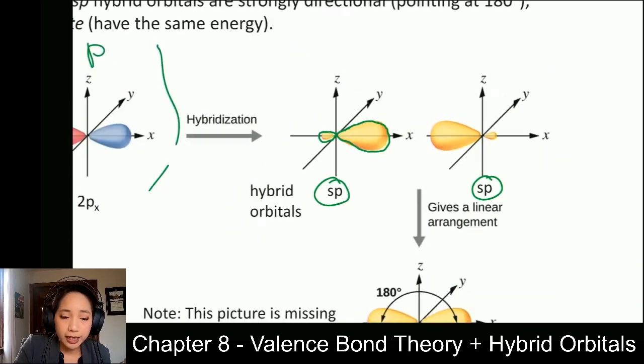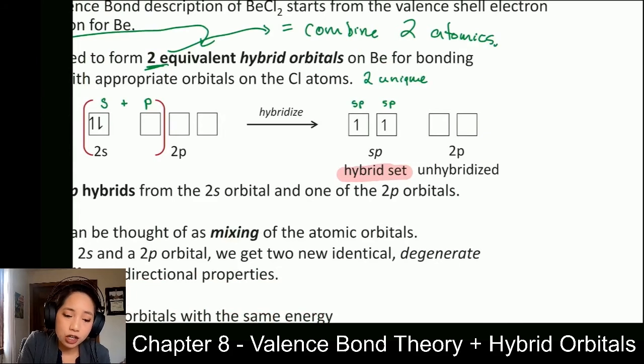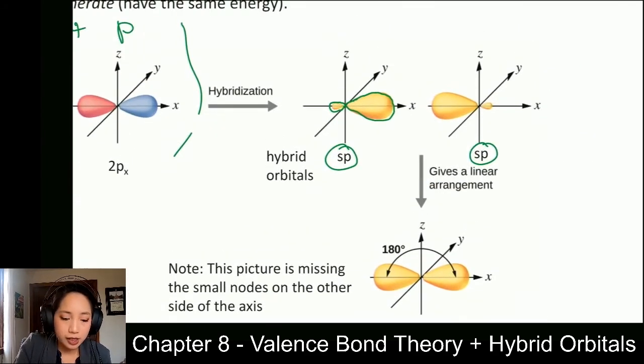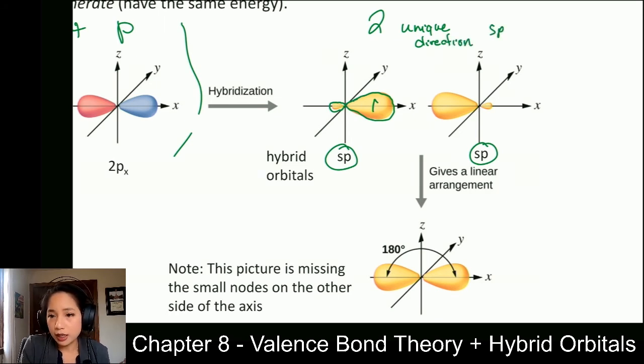And like our orbital diagram up here says, each of those shapes has one electron in it. So you can see how, with one electron in it, that can interact with an adjacent chlorine atom, also with an unpaired electron. And here's the other unique, directional sp hybrid orbital. It looks essentially the same, just a mirror image.